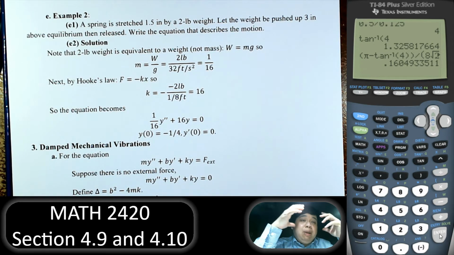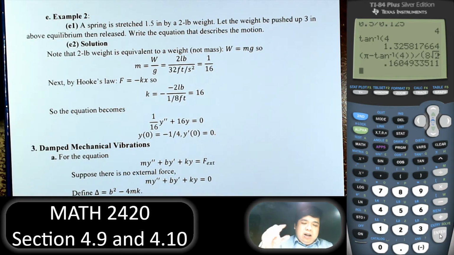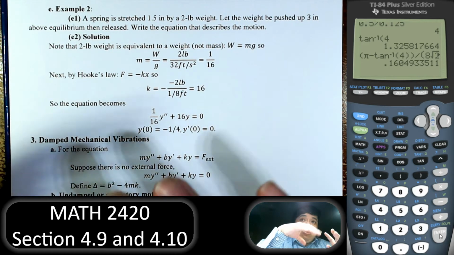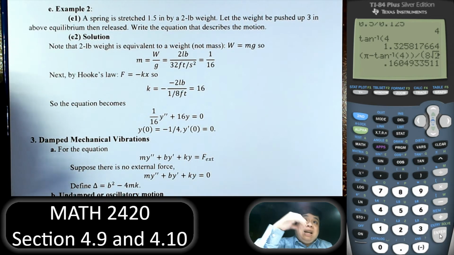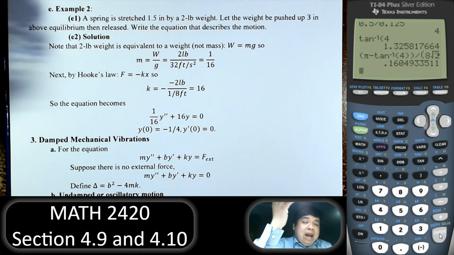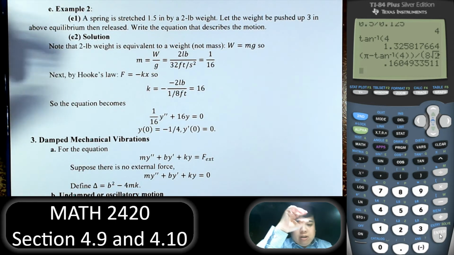So the weight depends on the gravity as well. On the moon, it will be about 1/6 of that, so the weight on the moon will be 1/6 of what we have here on Earth. But the mass is still the same, still 10 kilograms on the moon or in outer space. But the weight will be different.